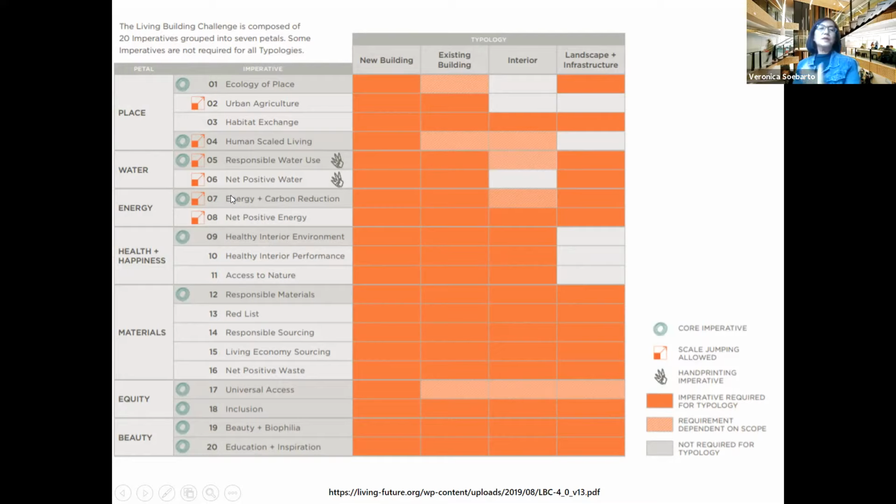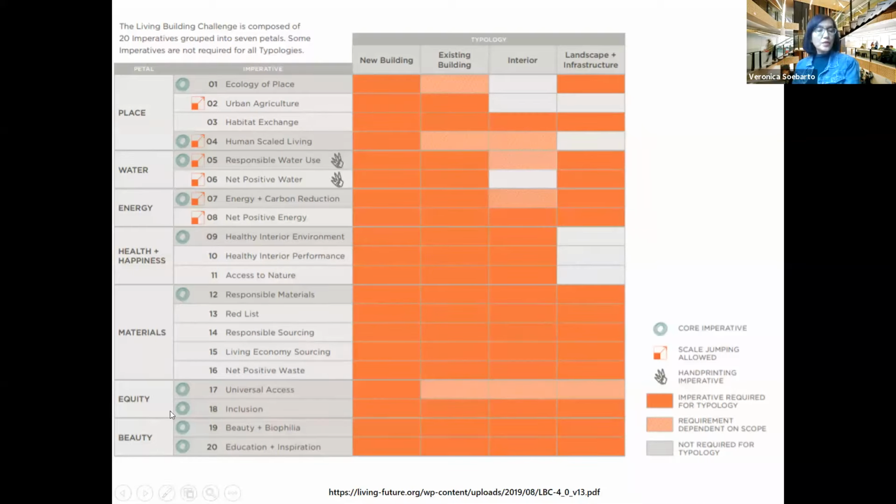So apart from the normal things, energy, water, light, and so on, it really addresses things that would affect well-being. So healthy environment, interior, access to nature. So addressing relationship between human and nature. Materials, again, is not just about impact on reducing energy, but impact on the economy, impact on whether or not it creates what they call positive waste, so reusing waste and eliminating waste.